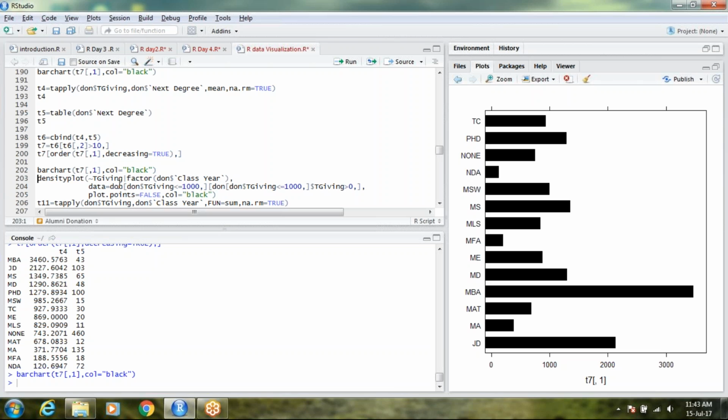Also I have trimmed the data, considering only the total donation that is less than 1,000 and more than 0. That is the range that I have figured out for this.